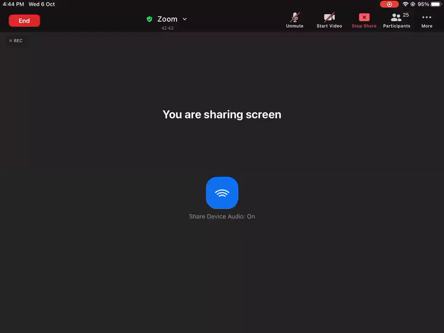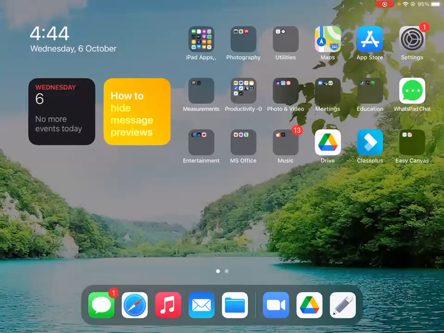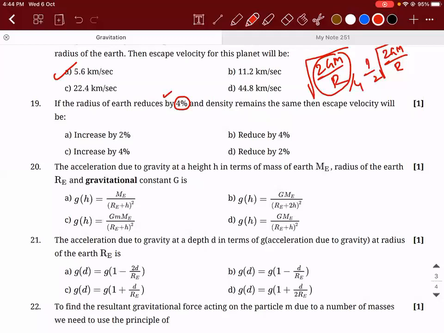Like reduced by 2%. How did you get? No, sir, I'm not sure whether it's the correct answer or not. Okay. Sir, it will be reduced by 4%. How did you get?